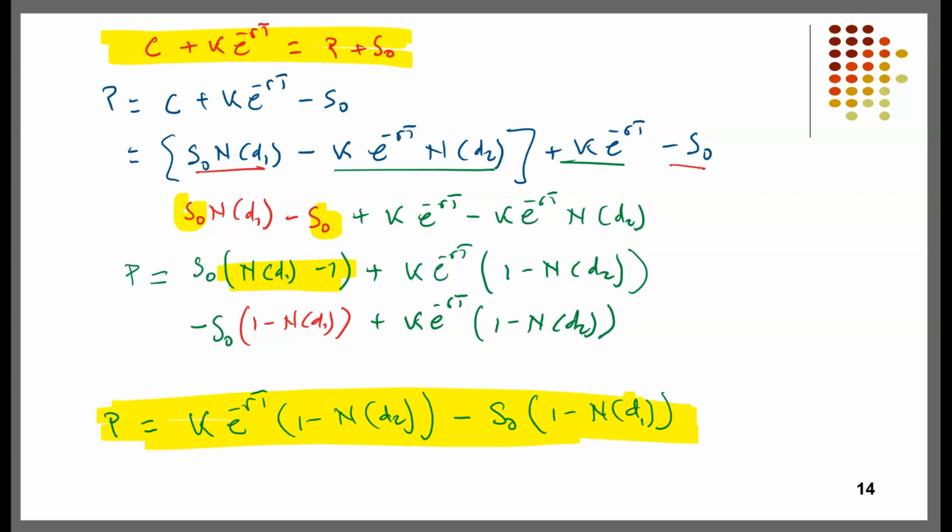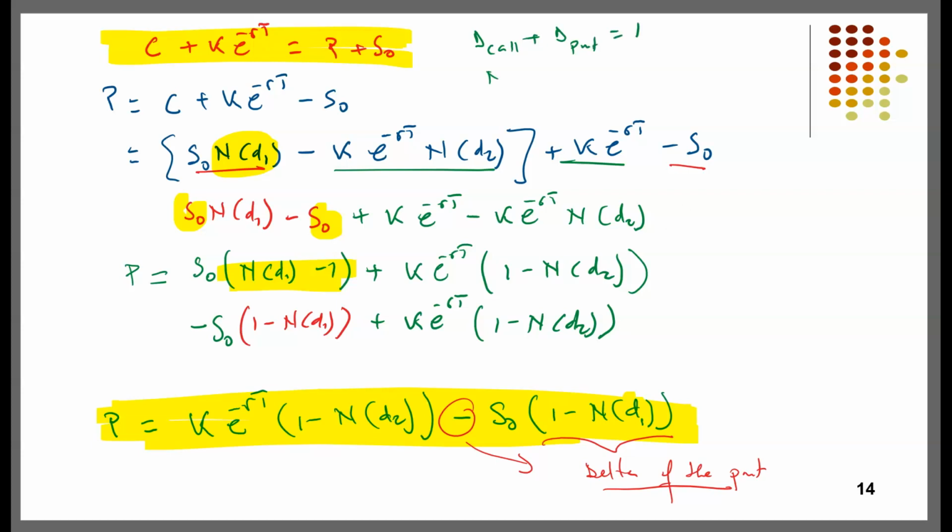Usually you refer to this term here as the delta of the put, which takes the negative sign. You know that the delta of the put is always going to be negative, and for the call, you refer to this value as the delta of the call, which is always positive. You remember that the delta of a call plus the absolute delta of a put is equal to 1.